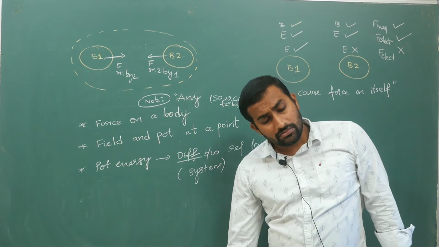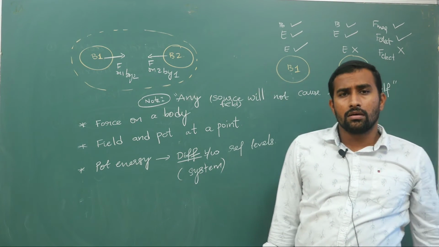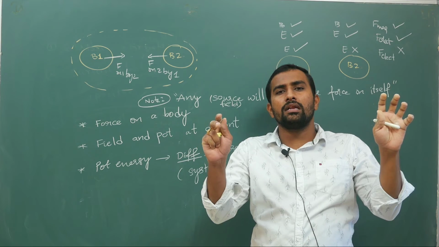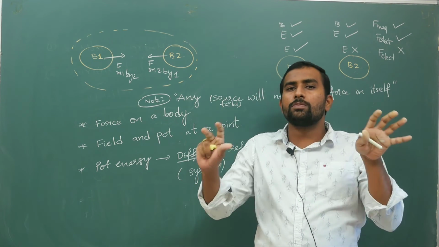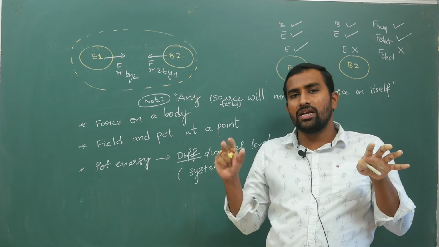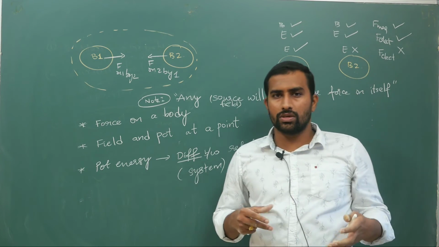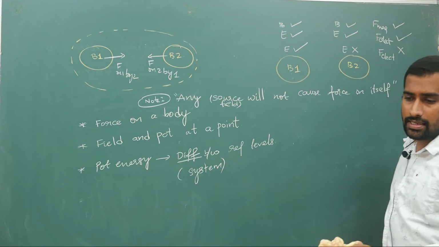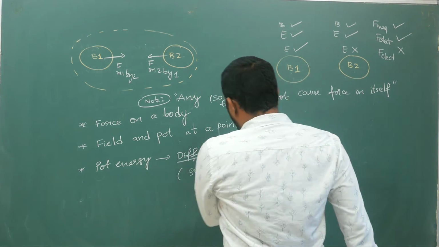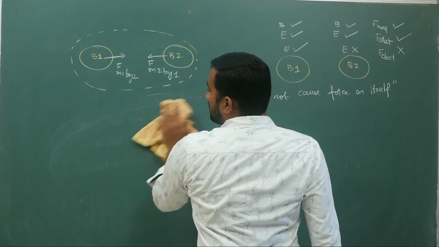So the ultimate conclusion is, for an electrical or magnetic interaction to happen between two bodies, both bodies must have similar field-producing capability for force to exist between them. Keep that point in mind very clearly, because it is our basis for learning this chapter.